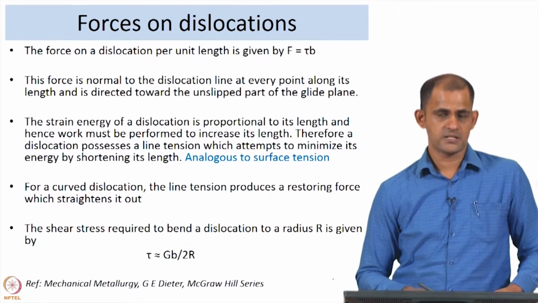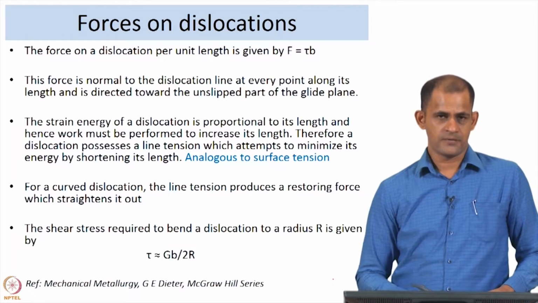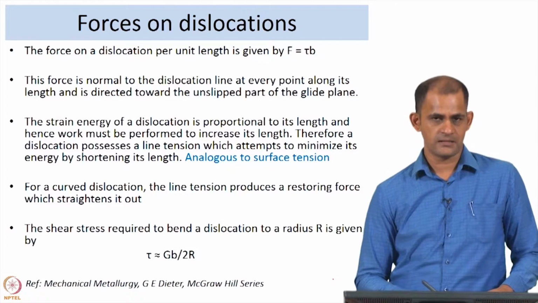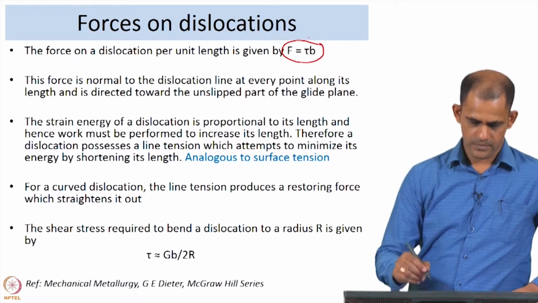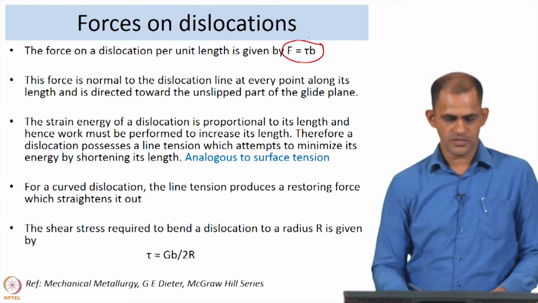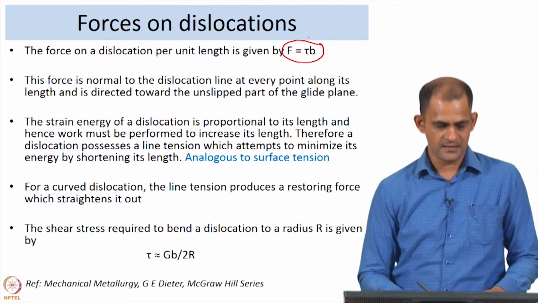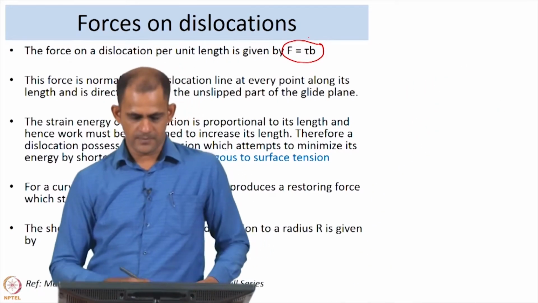Forces on dislocations are brought about by the stress field, but the first thing to talk about is the force on a dislocation per unit length, which is given by the following relation: F is equal to tau b. This force is normal to the dislocation line at every point along its length and is directed towards the unslipped part of the glide plane.